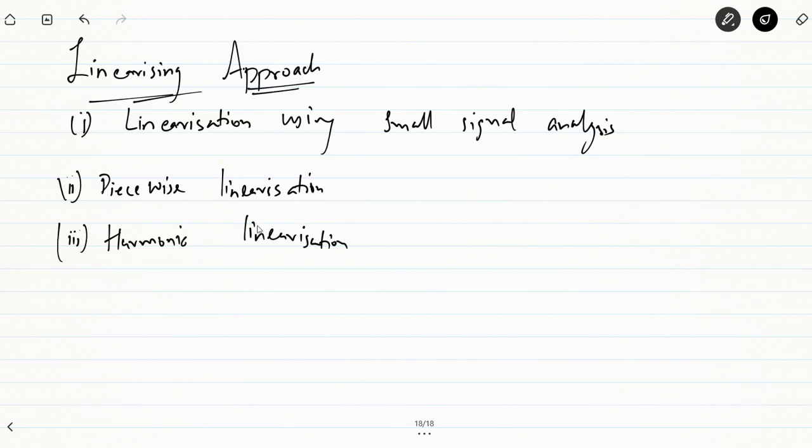Not to a system that has hard non-linearity. As I told you last time, we have two types of non-linearities, hard non-linearity and soft non-linearity. Whatever systems exhibit hard non-linearities, linearization approximation cannot be extended to hard non-linear systems. It can only be extended to soft non-linear systems.